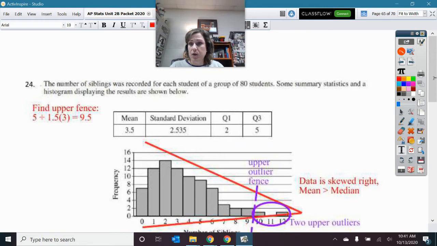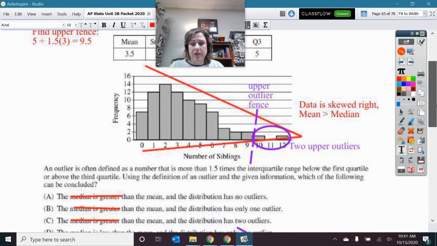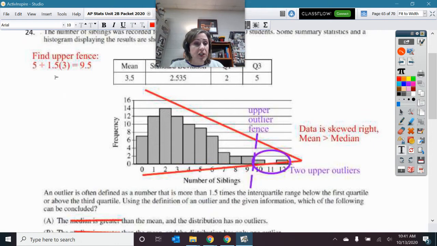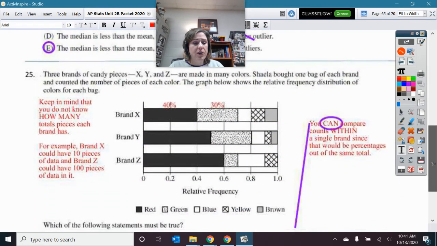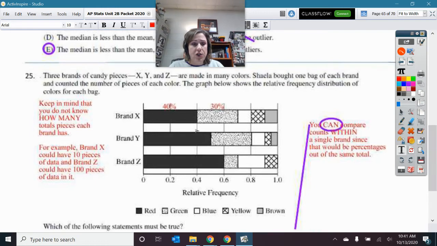Okay, here we go. We've got this one. The mean is greater than the median. I actually computed the fence with this information, and I found that I had 2 upper outliers. Okay, here, keep in mind that you don't know how many of brand X, Y, or Z there are.